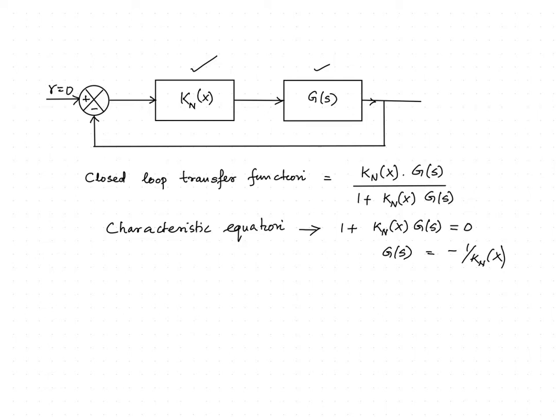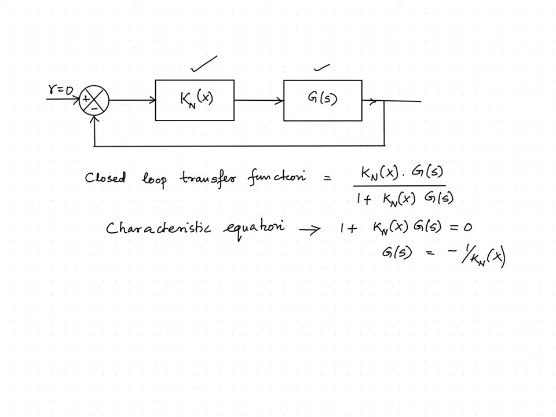Representation of Kn(X) in the block diagram and treating this as a linear function holds good because describing function is a linearization approach. Hence, we can consider the nonlinear element as a linear element.